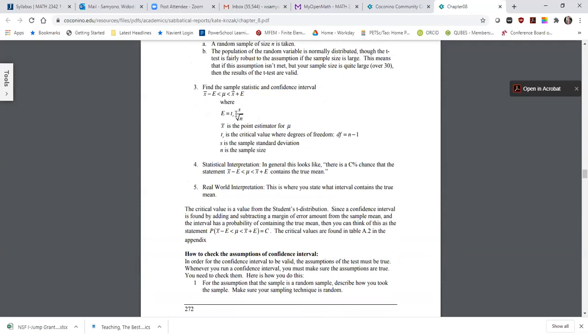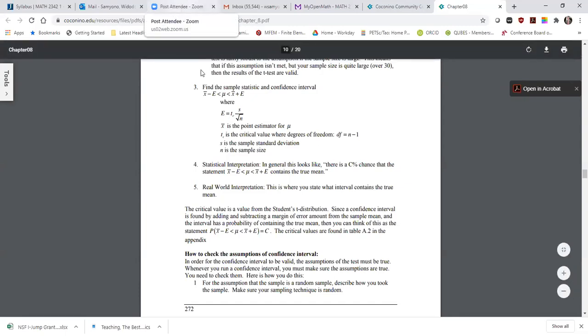So for the margin of error, you multiply t_c, the critical value, where the degrees of freedom equal n minus 1. Okay? And s is the sample standard deviation, and n is the sample size. Okay?